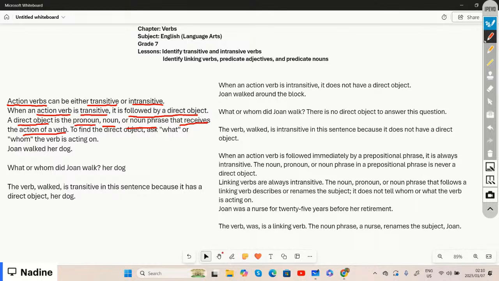In order for us to find the direct object within a sentence, you need to ask yourself what the verb is acting on, or whom the verb is acting on. So, what or whom the verb is acting on.